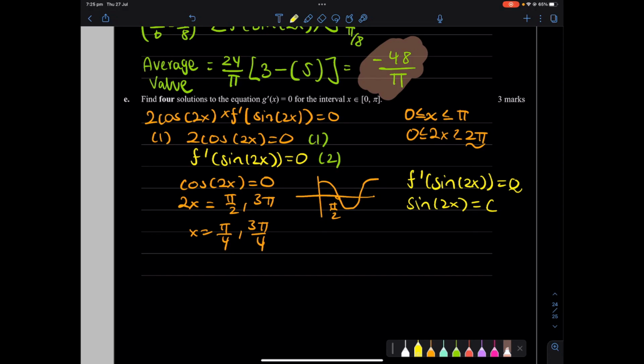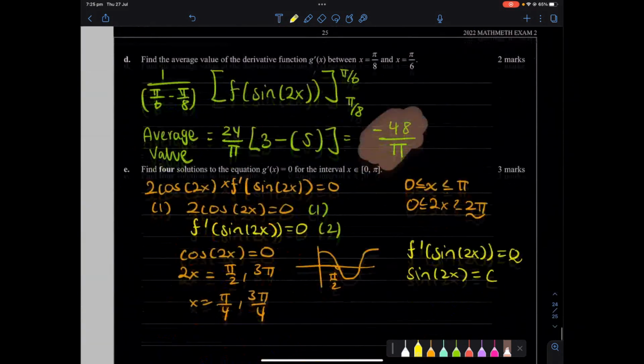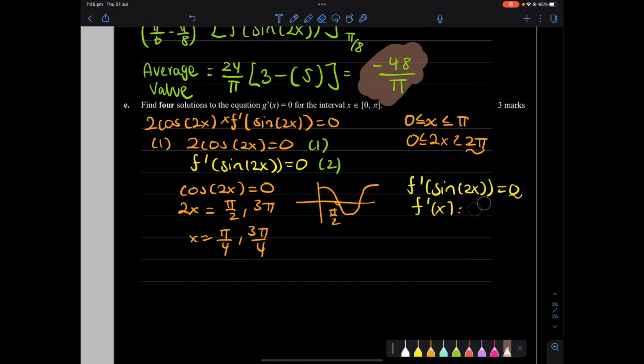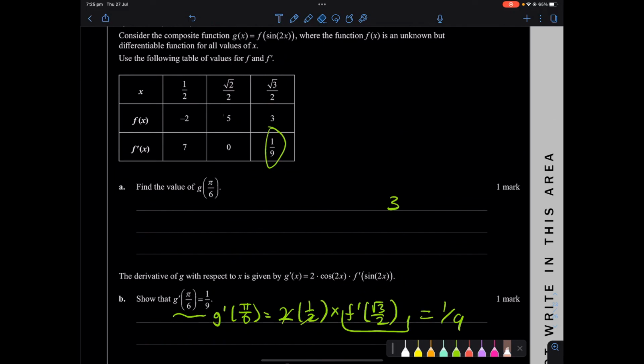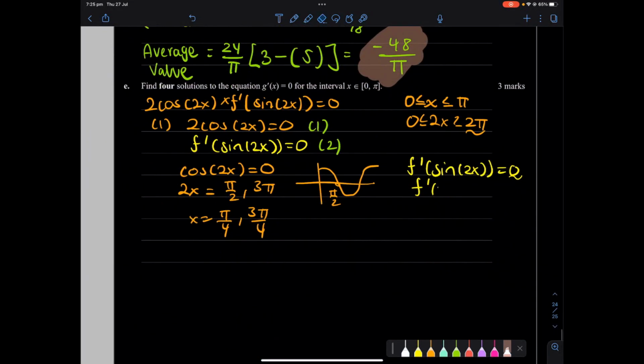Maybe go up here and let's have a look. We know that f dash of x is equal to 0 when it's root 2 over 2, which is just 1 over root 2.